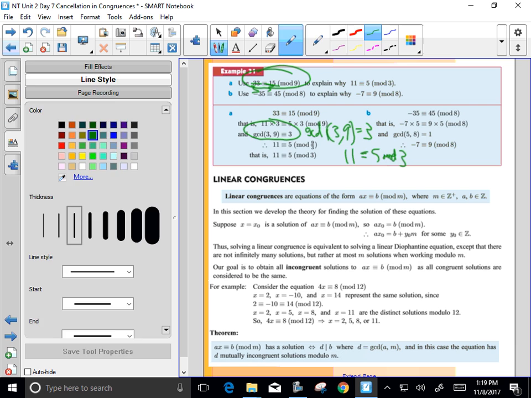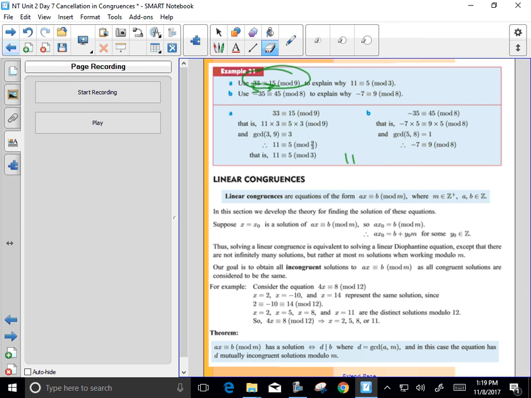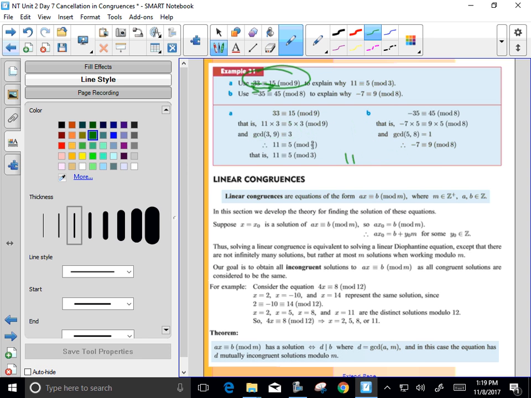But take a look at the next one. You have negative 35 and 45. I can divide negative 35 by 5 and 45 by 5, and that gives me negative 7 and 9. But what's the GCD of 5 and 8? 1. So if you divide by 5, you don't divide the 8 by 5.